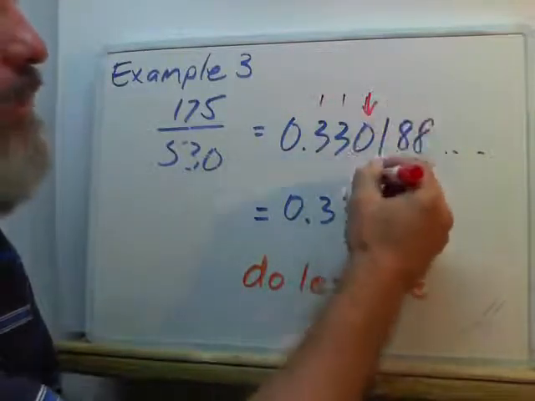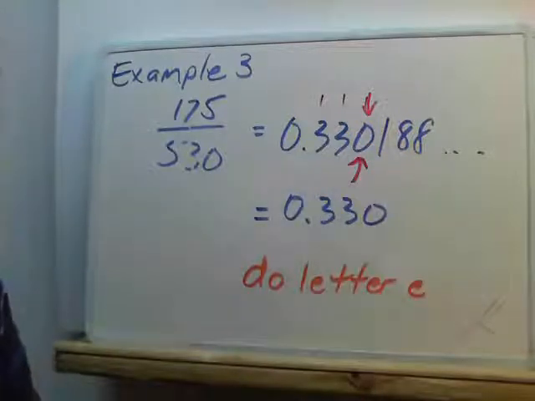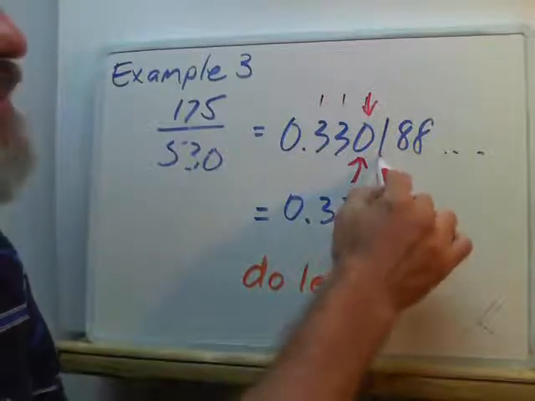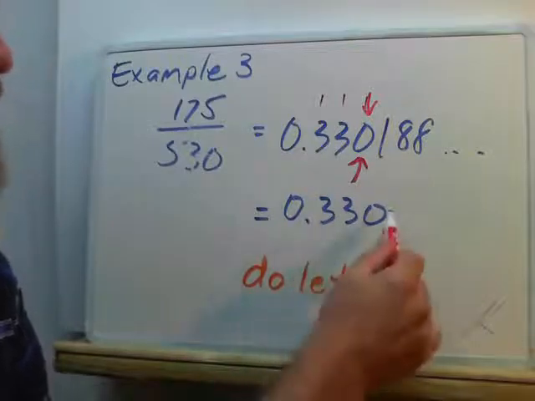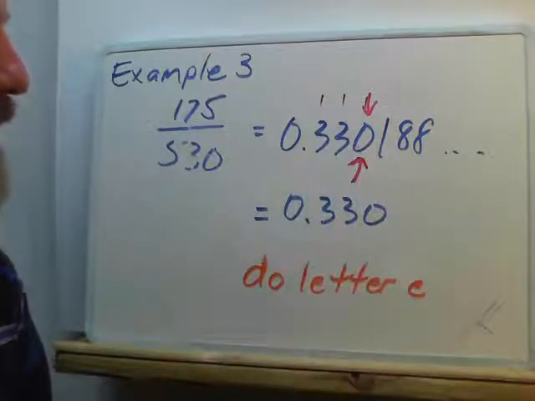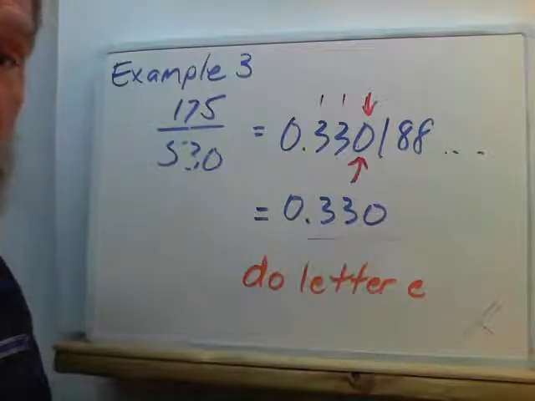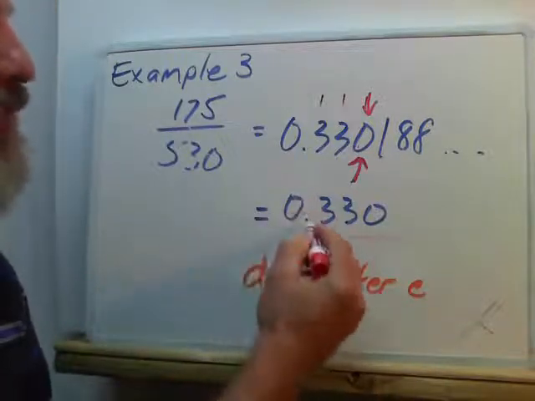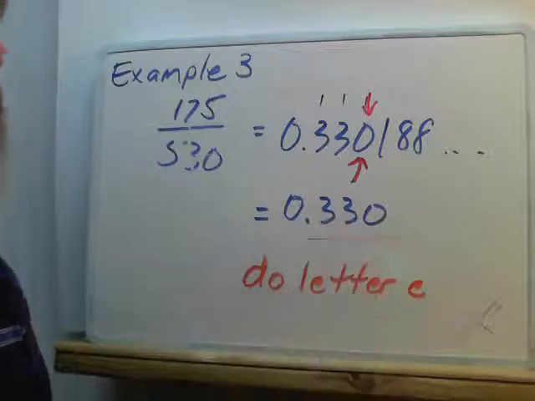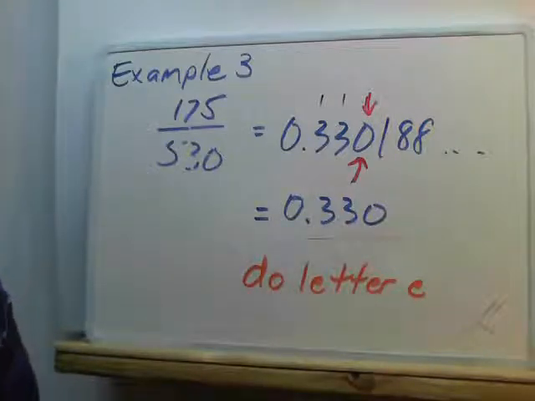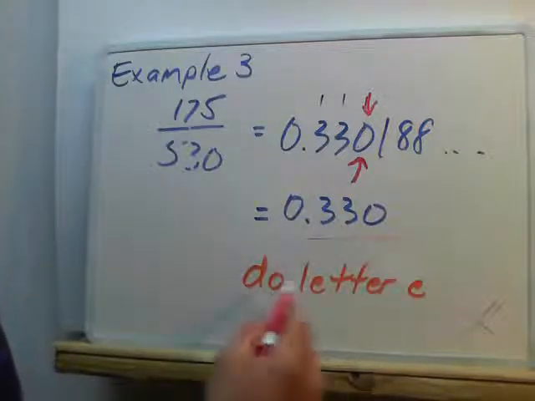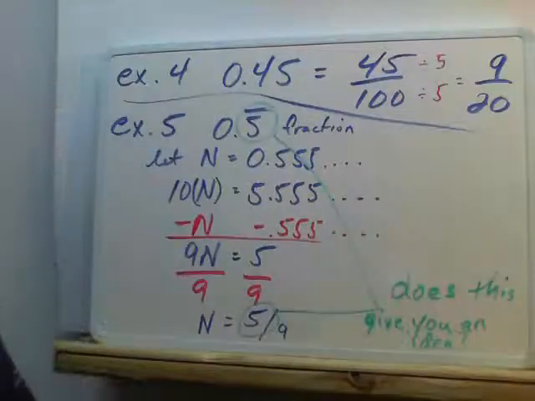So we are going to round to that digit, which means we need to look at the next one. Since it's only a 1, we're going to round down and leave it as a 0. So his batting average, we would say as 330, but it's really 0.330, or 330 thousandths. Please do letter C.